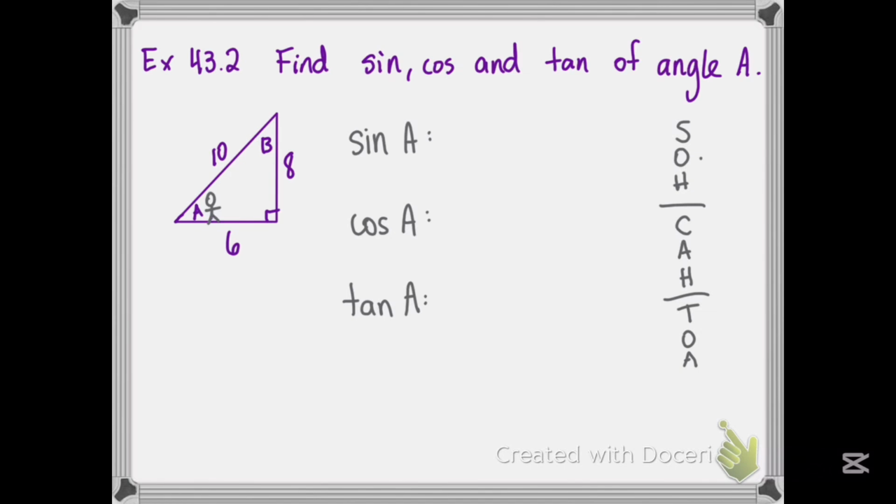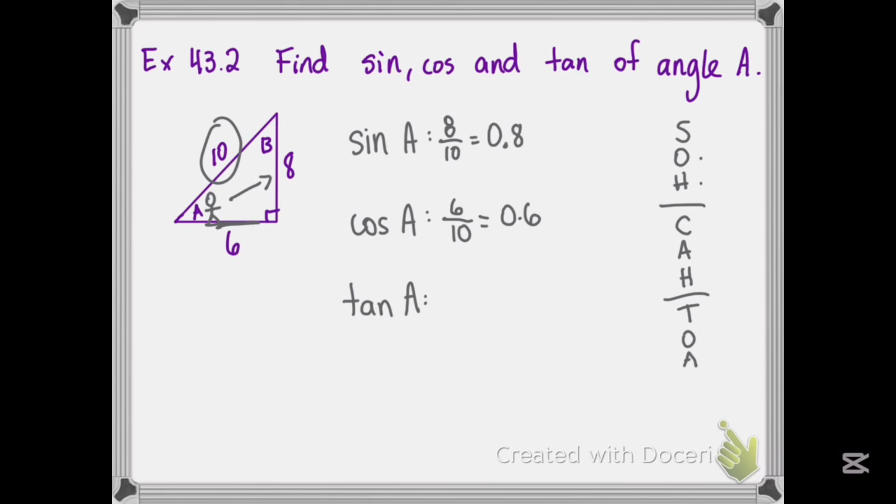Sine is opposite over hypotenuse, so opposite is 8, hypotenuse is 10. And then, if I put it in the calculator, it is 8/10. For cos it is adjacent, which is the one touching the angle, so 6, over hypotenuse, which is 10.